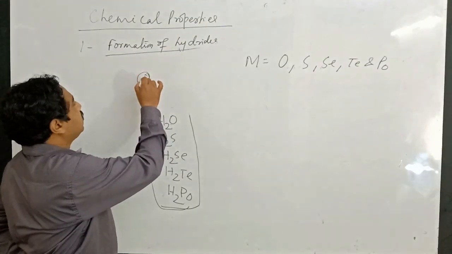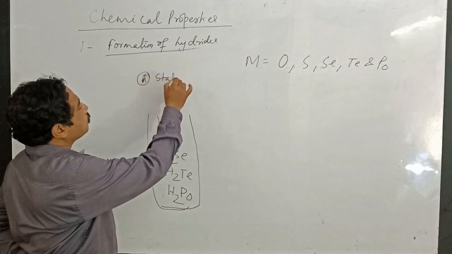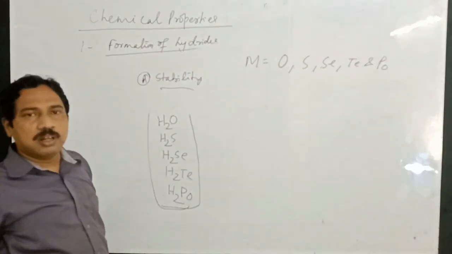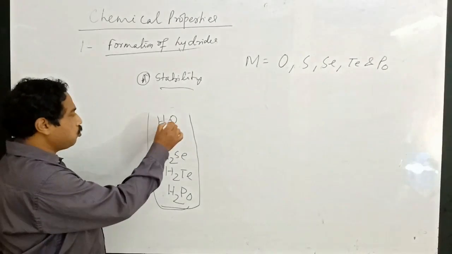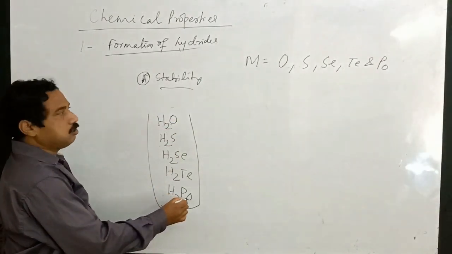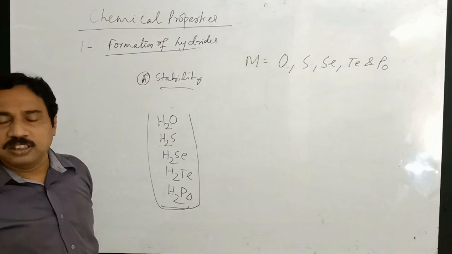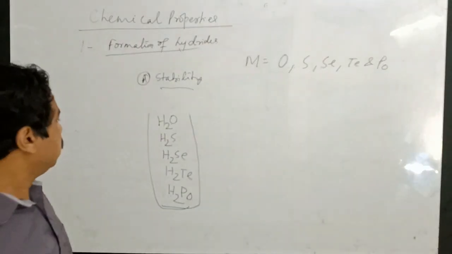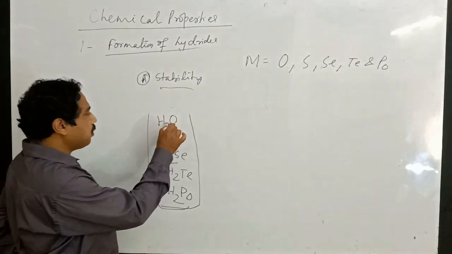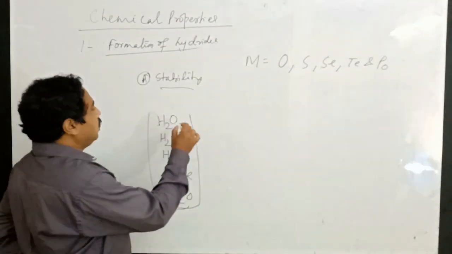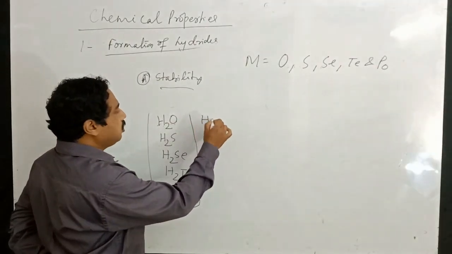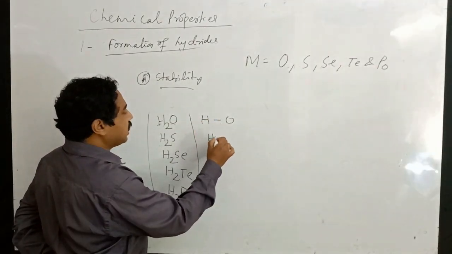First is the stability. The stability of these hydrides gradually decreases from H2O to H2Po. The stability mainly depends upon the strength of the chemical bond formed between the elements of the oxygen family and hydrogen. Hydrogen is common in all these hydrides.